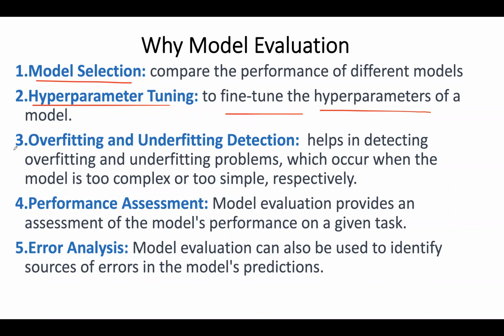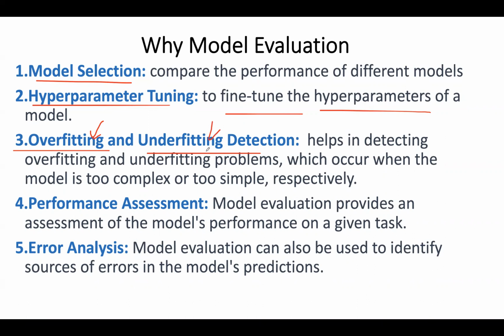Okay, another case in point here is overfitting and underfitting detection. Now, model evaluation will help you to detect some of these anomalies, right? Which occur when a model is too complex in the case of overfitting, or it's very simplistic in the case of underfitting. Of course, here overfitting simply means the model fits the training data too closely and does not generalize well to new data, okay?